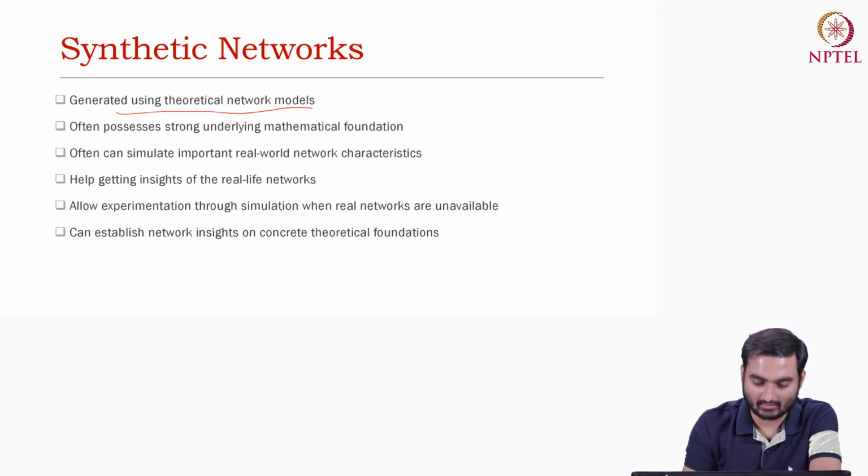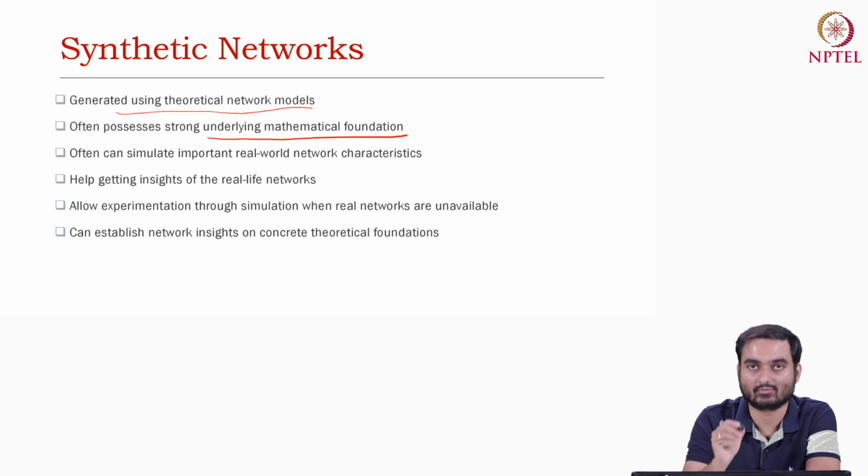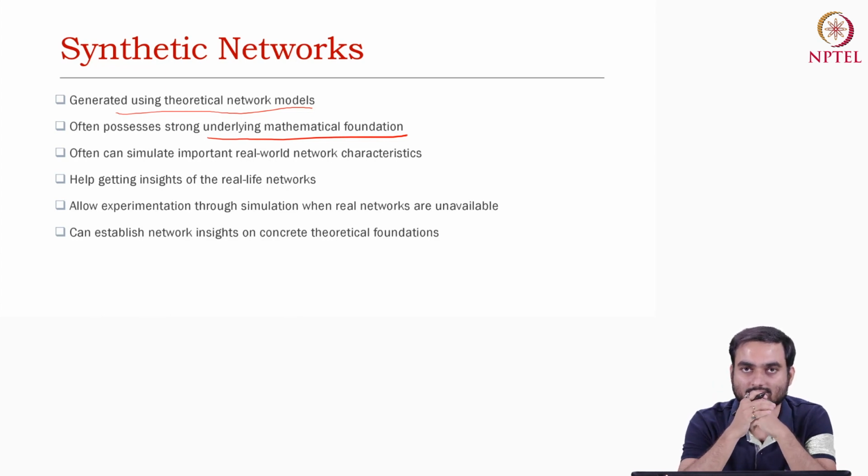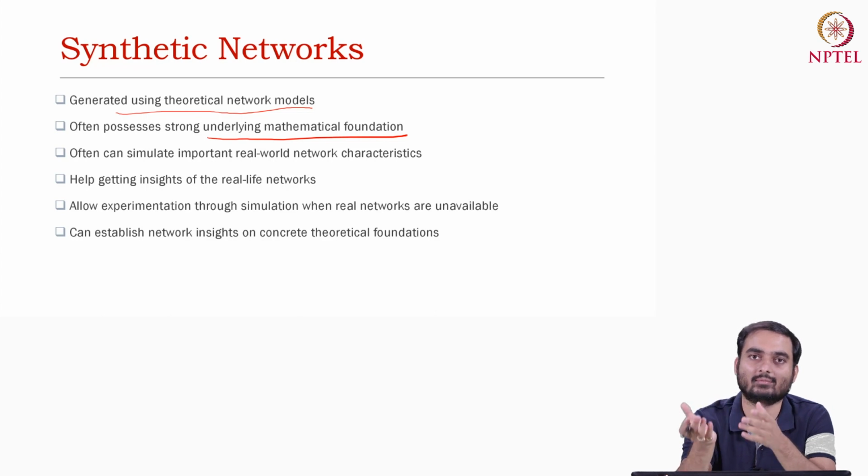Okay. So, this underlying mathematical foundation is very important. When we draw a synthetic network, we need to understand how real world networks are generated. If we come up with a mathematical model to understand how a real world network is generated, we can use the same mathematical model to create a synthetic network.